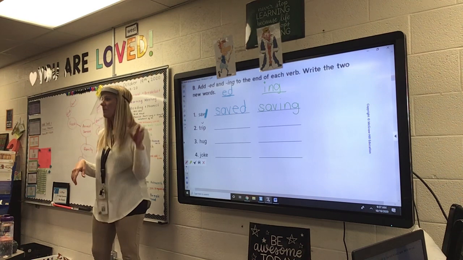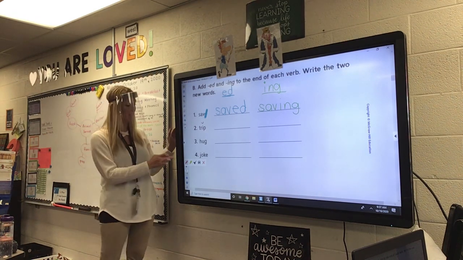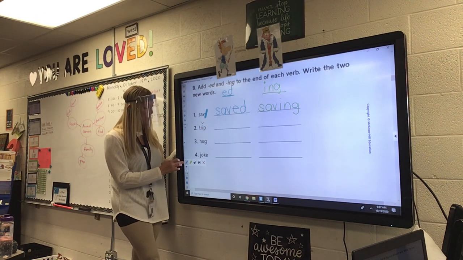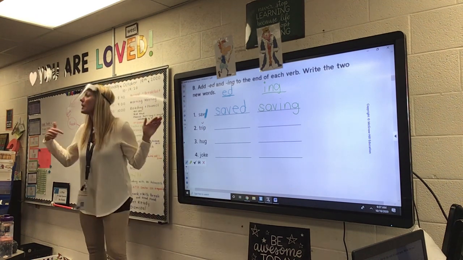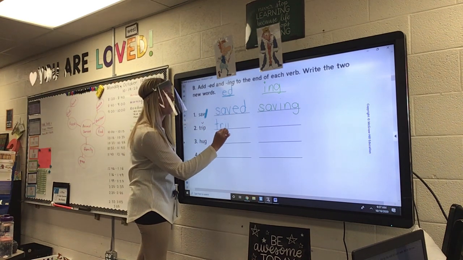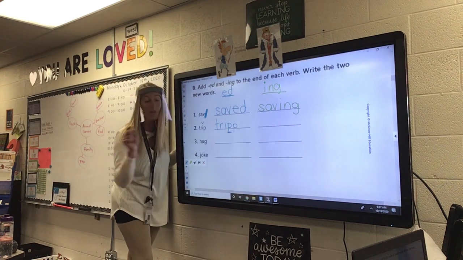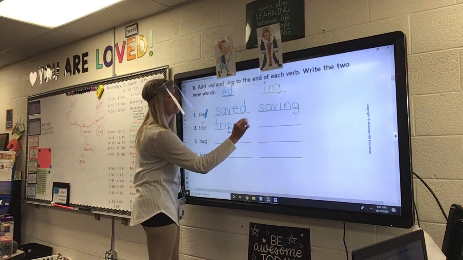So if we double the P, we're going to make it 2 P's. So on trip, in order to make it tripped, we have to spell trip, but we're going to double that P. We're going to put 2 P's before we add the ED.